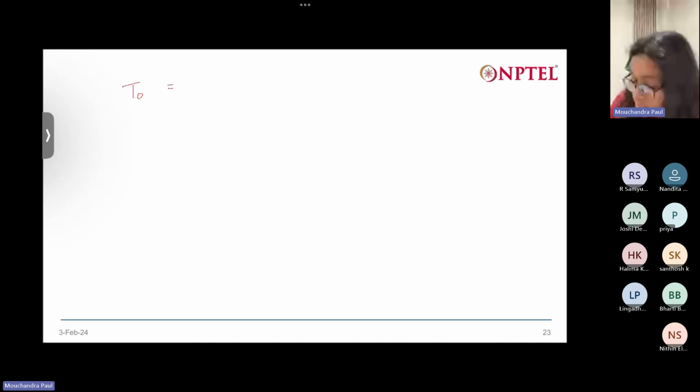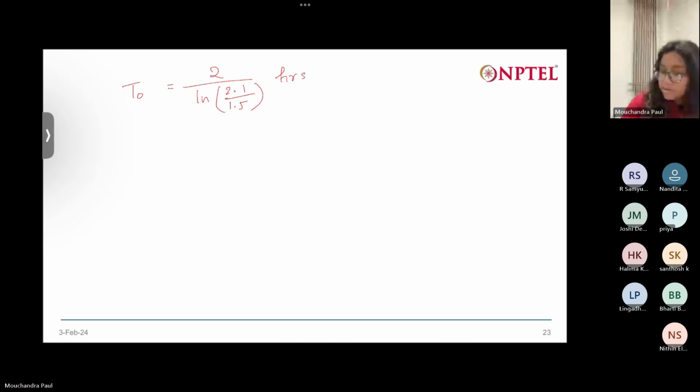T naught will become 2 by ln of 2.1 by 1.5. This quantity will be in hours, and the megapascal is removed due to the ratio form. So someone calculate this and tell me the value of T naught.